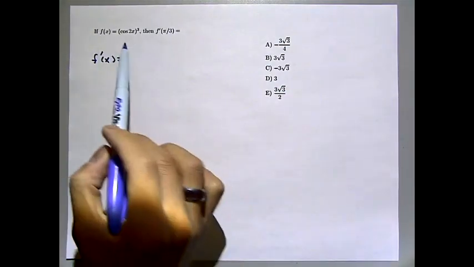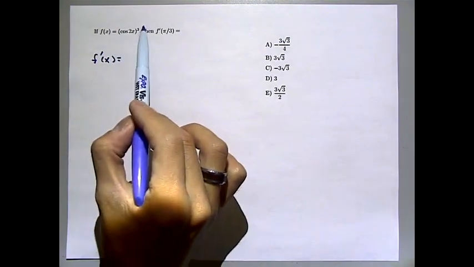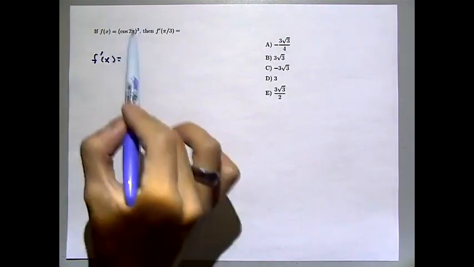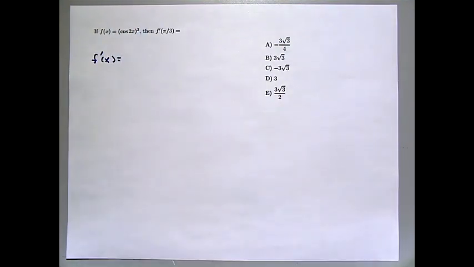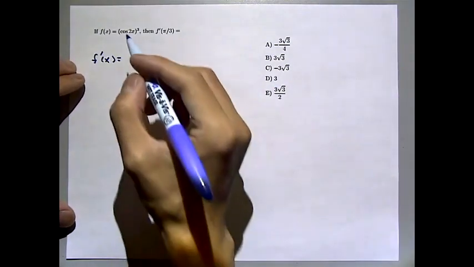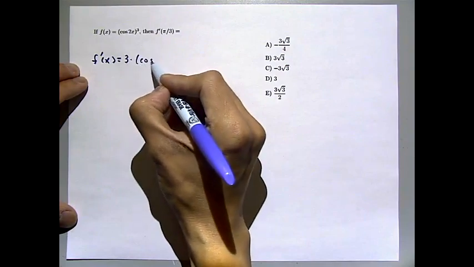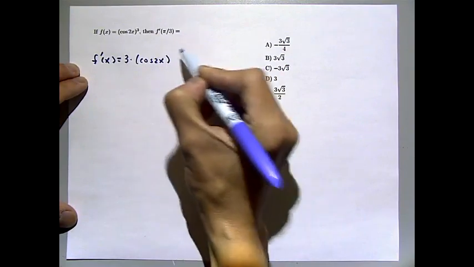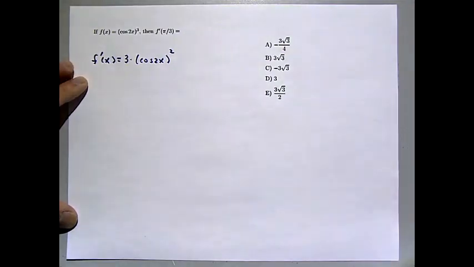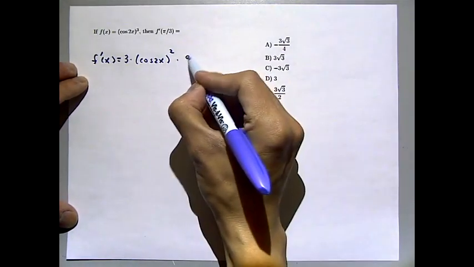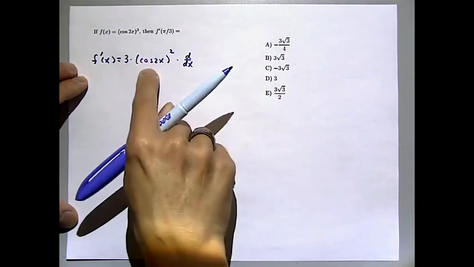Here we have something in the form of u to the power of 3, right? Something more than an x to the power of 3. Derivative using the chain rule is 3 times whatever that was, reduce the power by 1, times derivative of this thing.